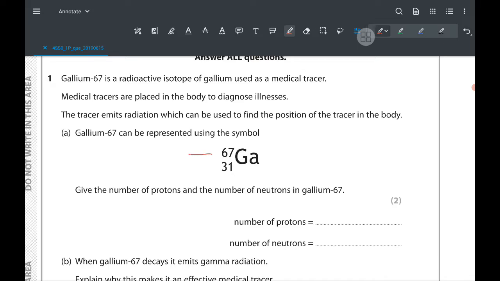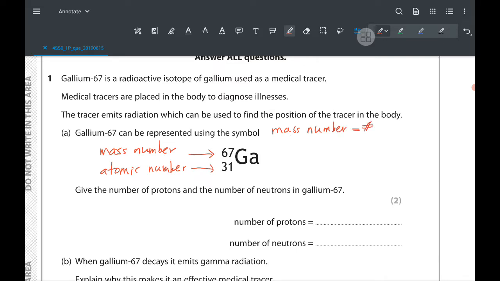So here, the number 67 is what we call the mass number. And here we have the atomic number. Now if you can remember, mass number is the addition of the number of protons and the number of neutrons.